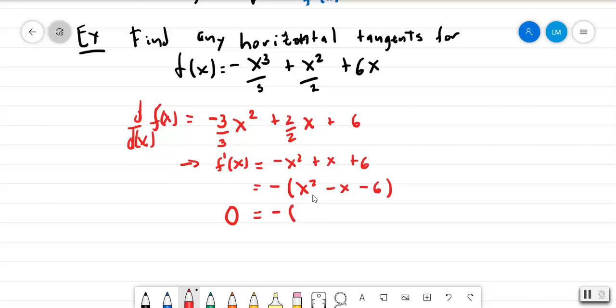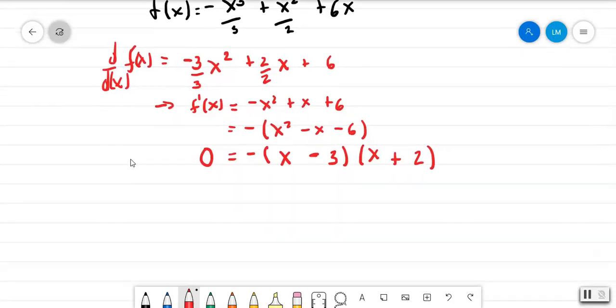If we just factor this, we have x and x, and then 6 factors as 3 and 2, so we have 3 and then we have 2. The middle term is negative, so that means this factor is negative, and that one is positive. So what this means is that you have two horizontal tangents.